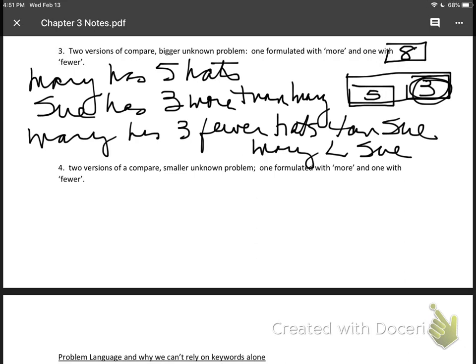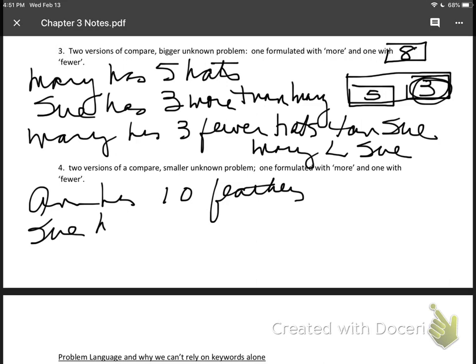Okay, and the last one here, 2 versions of compare the smaller unknown problem. So if I say that, let's say Anne has 10 of those really pretty feathers. So she has 10, and Sue has 7 less. Okay, so 10 is up here with Anne's feathers.